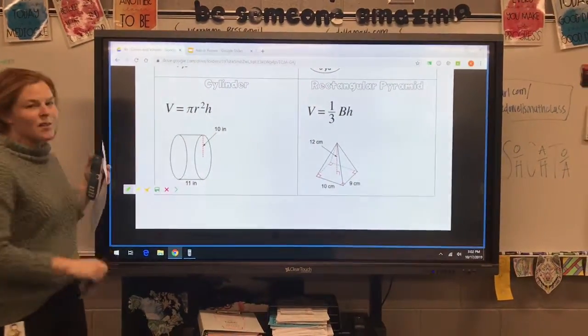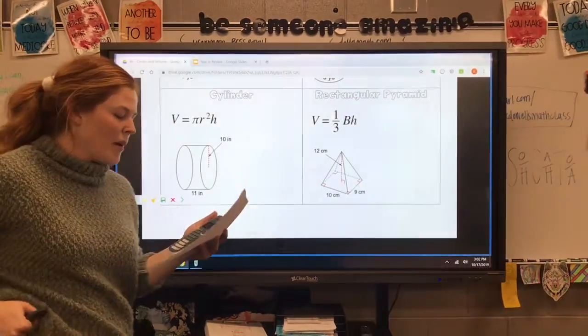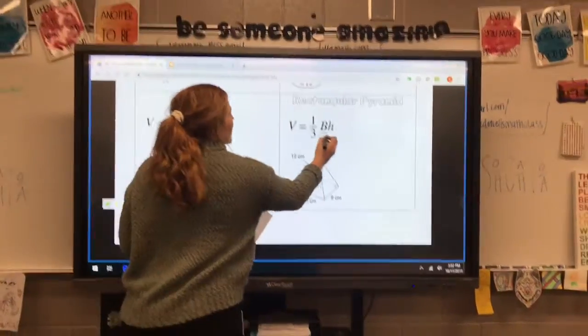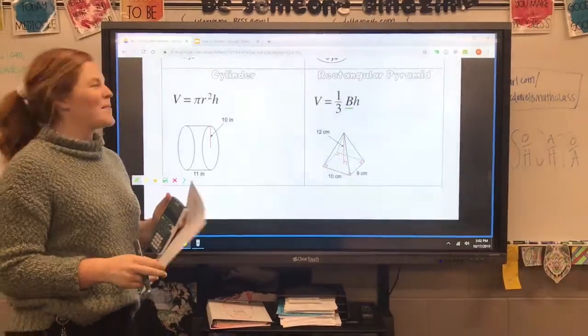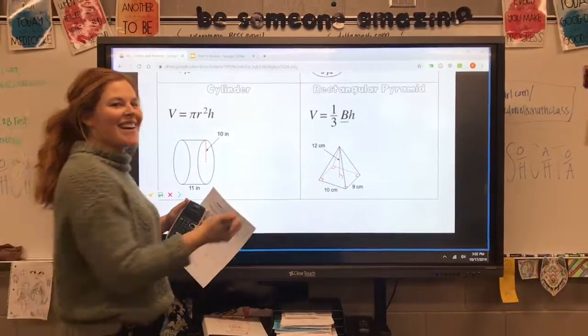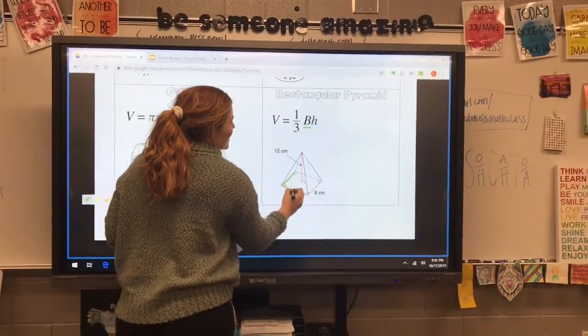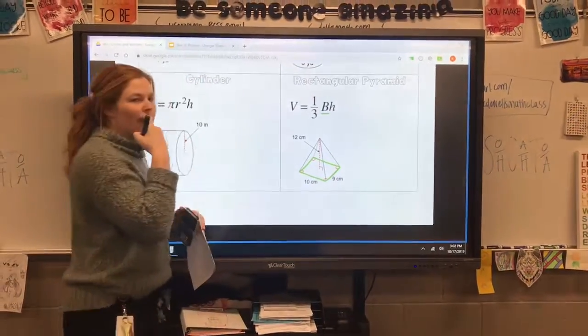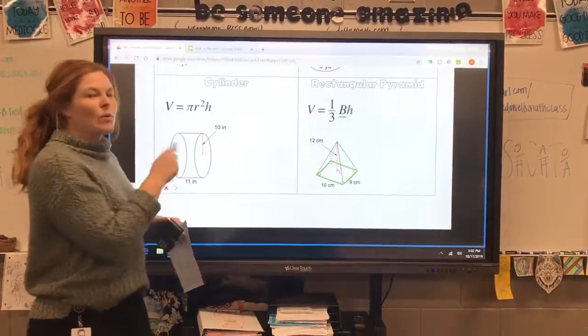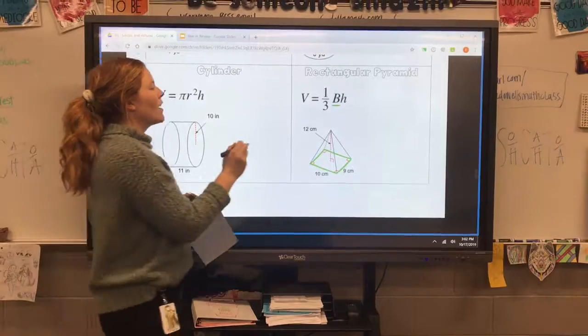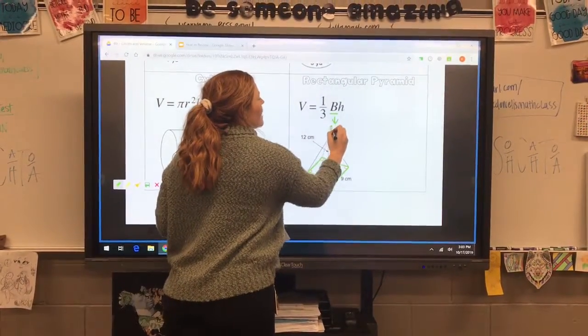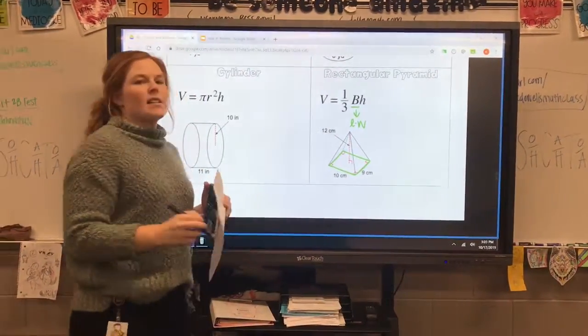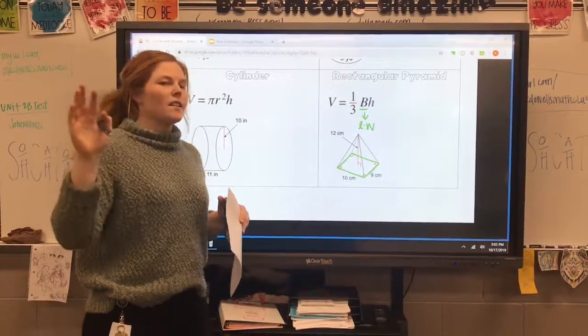Okay, last one, which is maybe the most, not confusing, but kind of confusing. This big B represents the area of the whole base, which the base is the bottom of the pyramid, obviously. That is a rectangle, so we know that the area of a rectangle is length times width. So instead of big B, we can think of it as length times width.